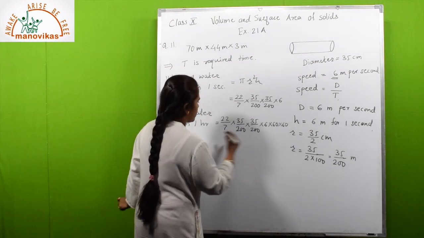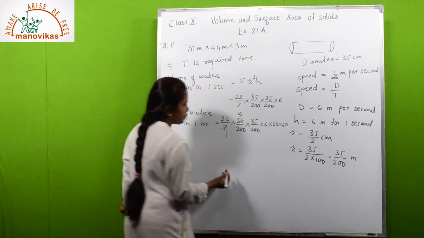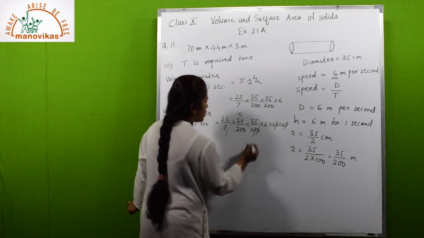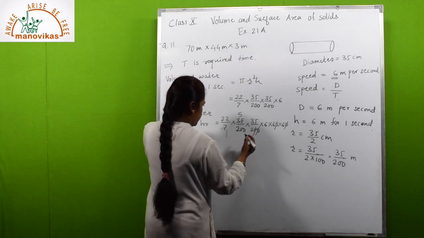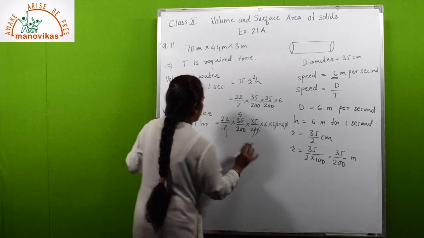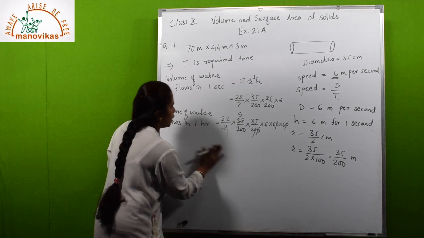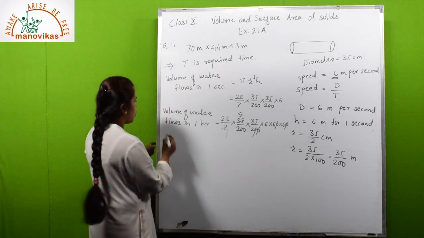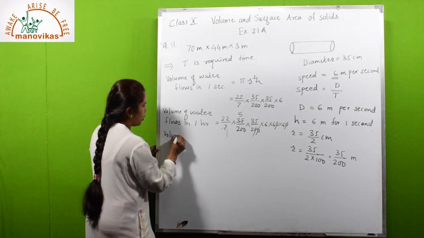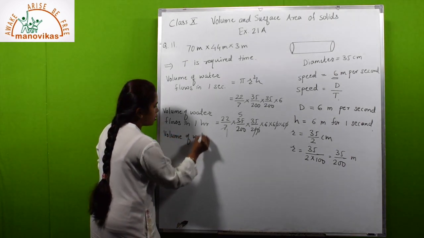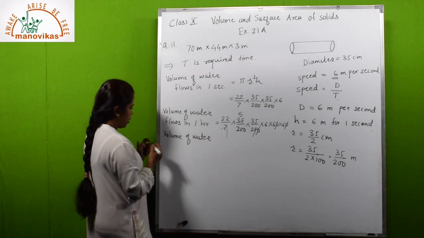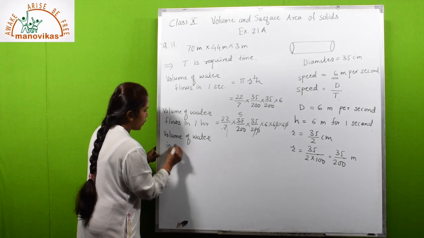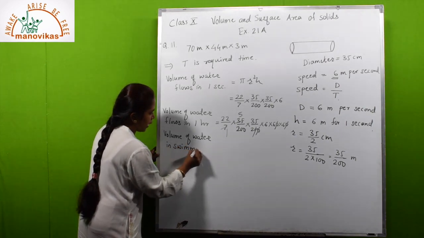Okay, you can cancel the terms, these two zeros. Now this is for 1 hour, but the required time is T. So we have to compare this volume of water with the volume of water in the swimming pool, so we have to find that also.